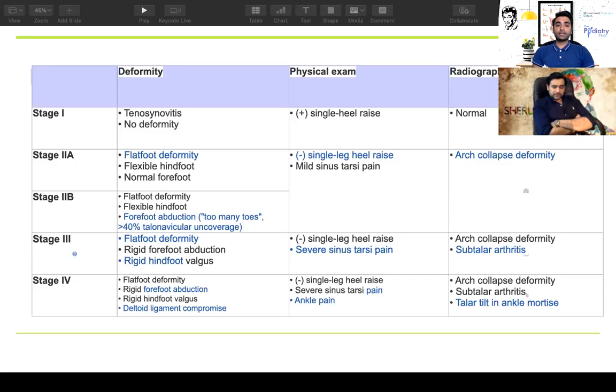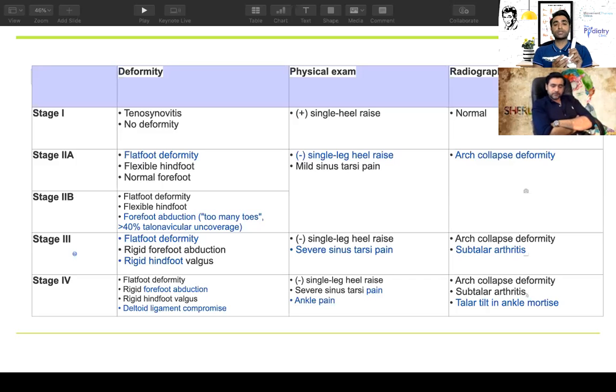Stage 4 is again a rigid foot, forefoot deformity, hind foot valgus. So this foot basically goes in that position, and it's kind of fixed in there. You start to see all the other structures on the medial aspects, like the deltoid, spring ligaments, the Achilles as well. All these things start to get affected.